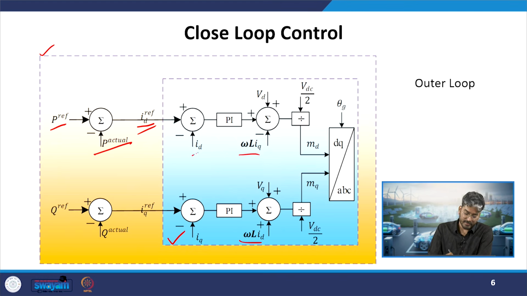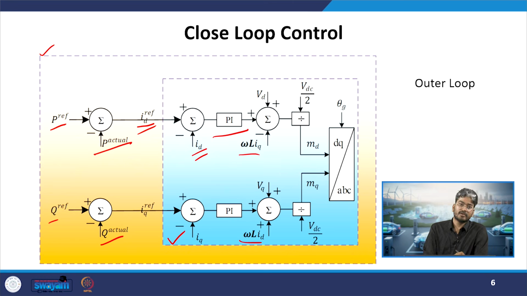Now, we compare this ID reference value with the actual ID to calculate the error which goes into the PI controller, and ultimately our voltage and its angle will be adjusted as per the command given for the active and reactive power respectively. Similarly, if you see the lower circuit, there we have the reactive power reference being compared with our actual reactive power, which gives us the reference signal.